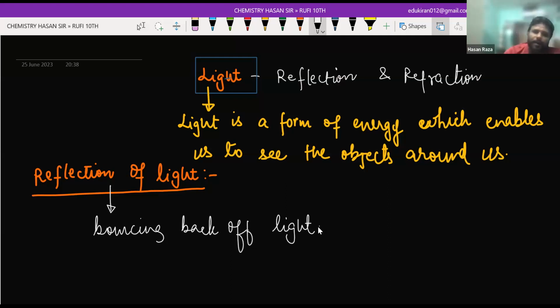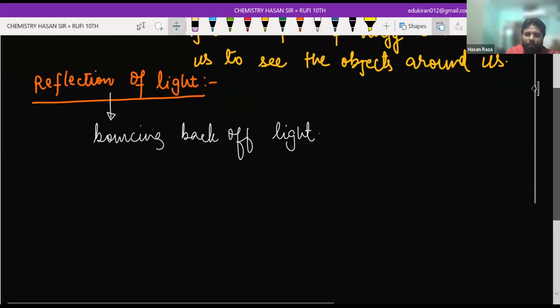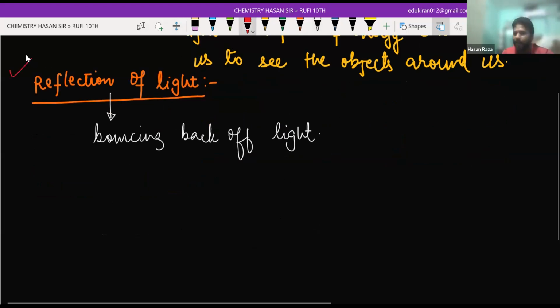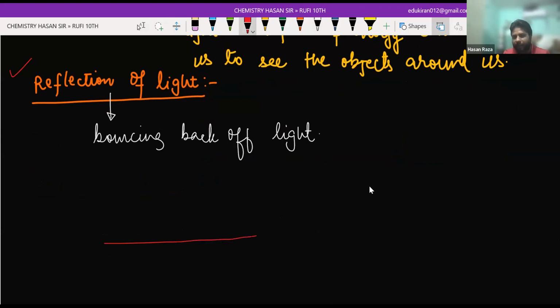So if I'm asking you what is incident light, I'm going to explain this with the help of a diagram. Since you defined reflection of light as bouncing back of light, if you want to explain the definition, I'm going to take a red surface.